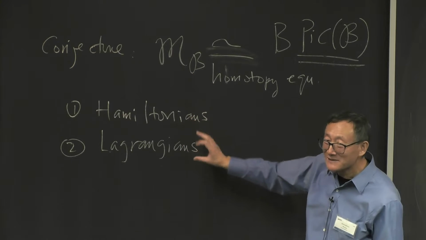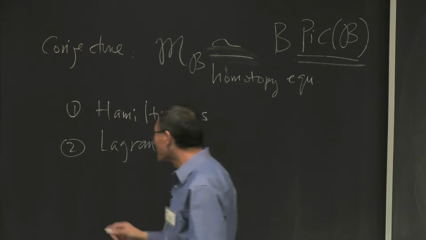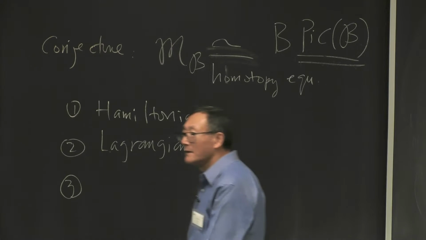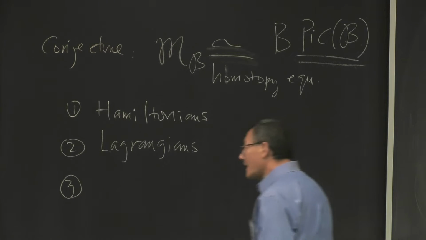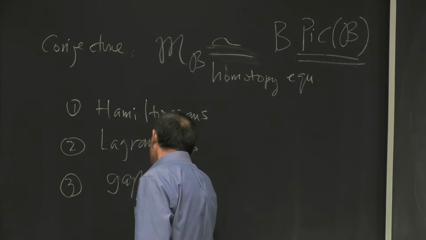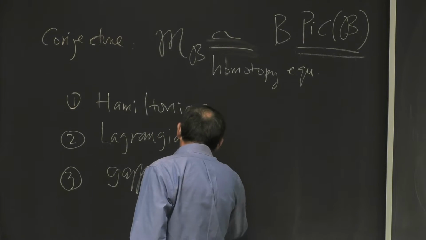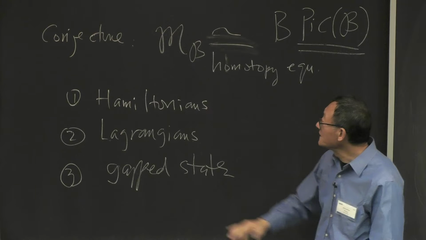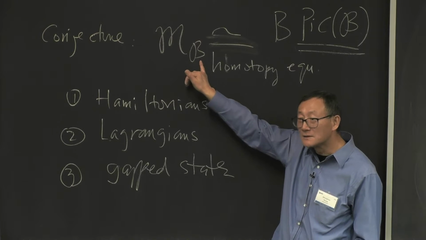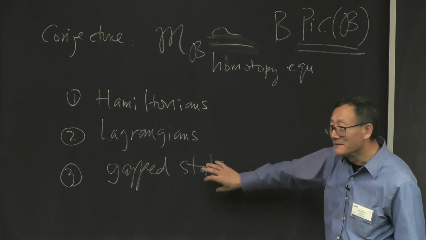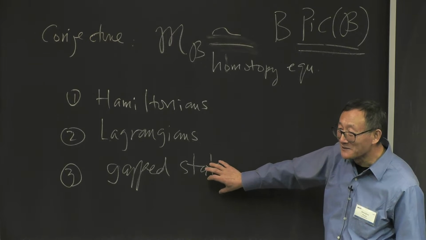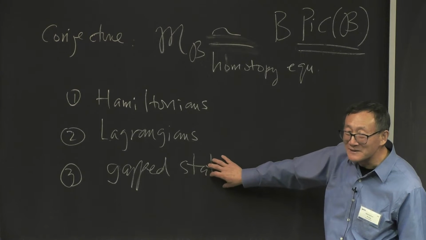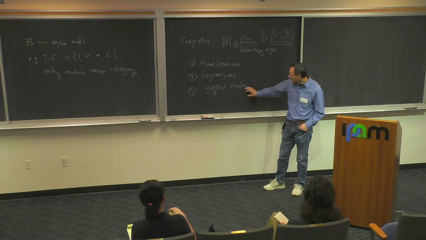Now this is mathematical, at least I don't know how to do it, but there is a mathematical way, which is you can consider gapped states which realize this topological order. And I claim this is mathematics. I'm not good enough to tell you the story, but I can tell you where to find it.